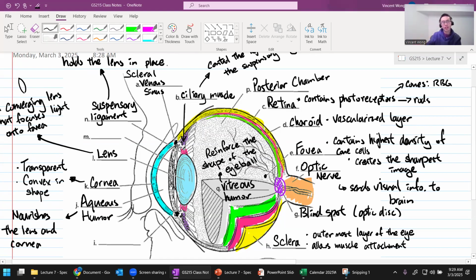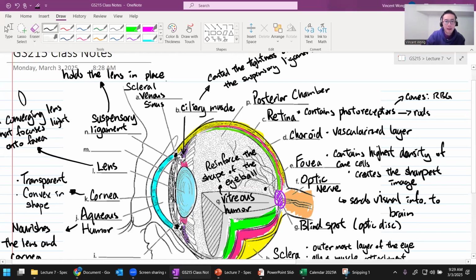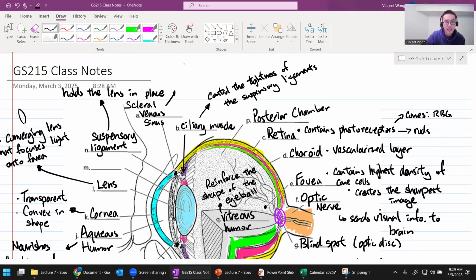We previously learned about the dural venous sinus in the brain for draining CSF. So there are other types of venous sinuses for draining other fluids. And in this case, it's found in the sclera, and this one drains excess aqueous humor.